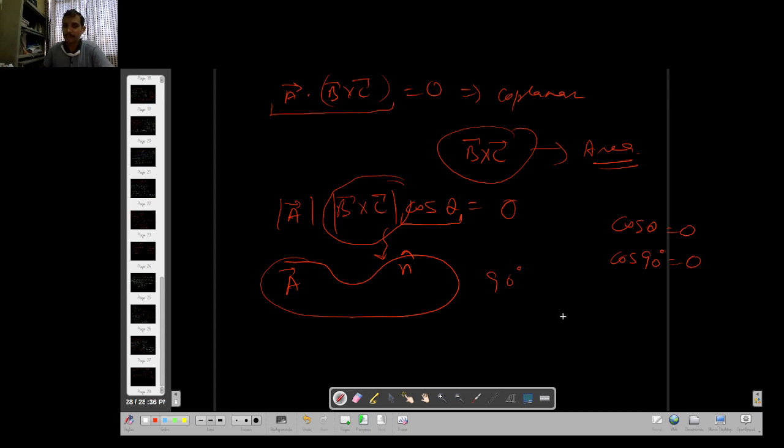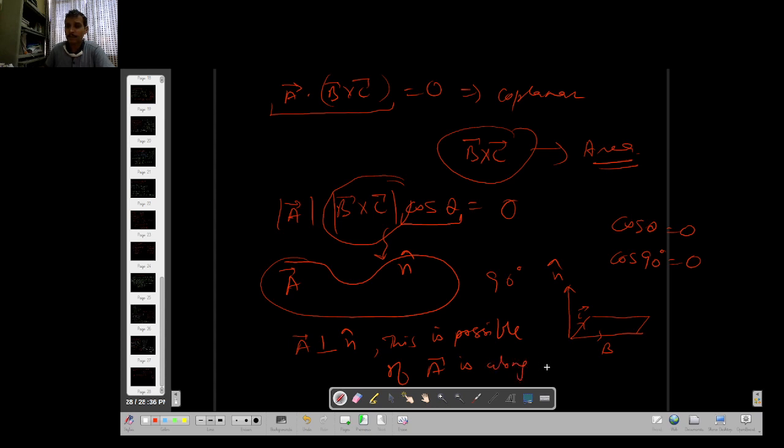It means if n cap is acting like this, and B and C vectors are like this, this is B vector and this is C vector, then A vector must be perpendicular to n cap, and so this is possible.